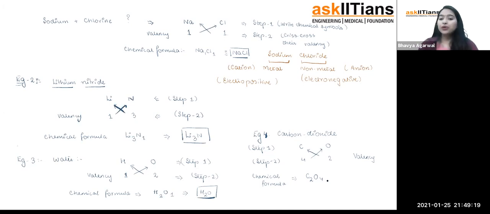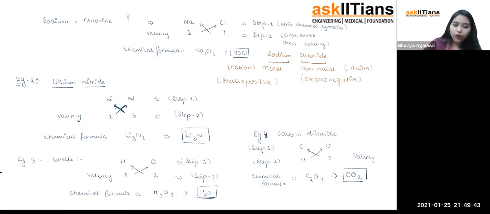So we'll divide both the atoms by 2. And after simplification, what we'll get is CO2, which is definitely the formula we know, right? I hope with these examples, the things have been easier.